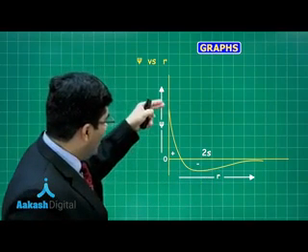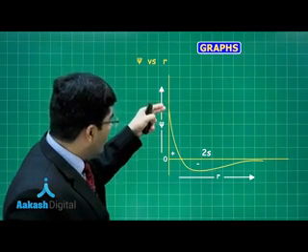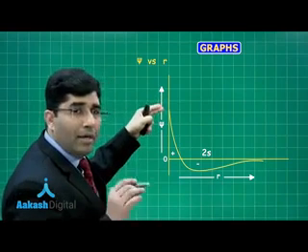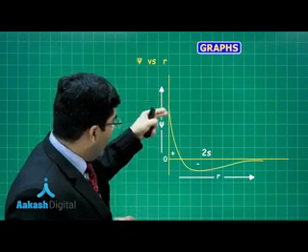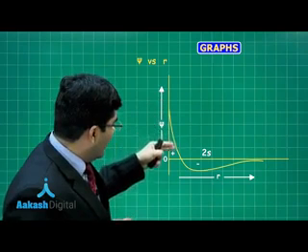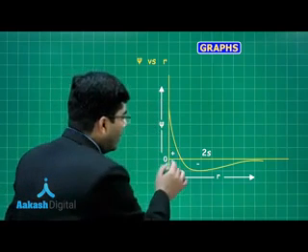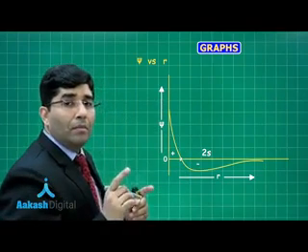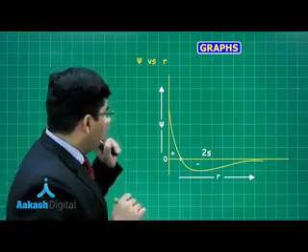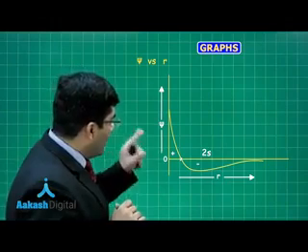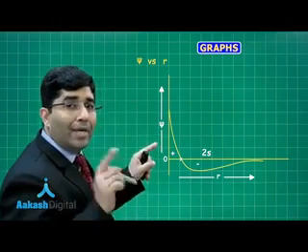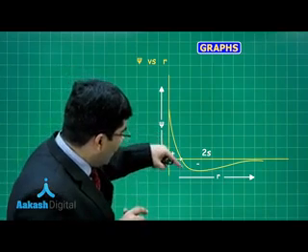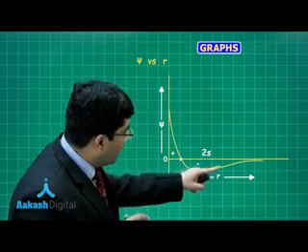Xi is maximum near the nucleus, it keeps decreasing, and at this particular point Xi becomes 0, because this is the point between the K shell and the L shell. Then 2s comes and the graph goes like this.